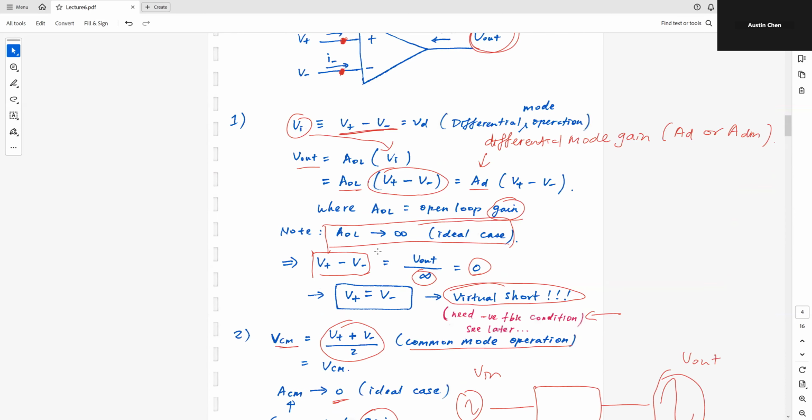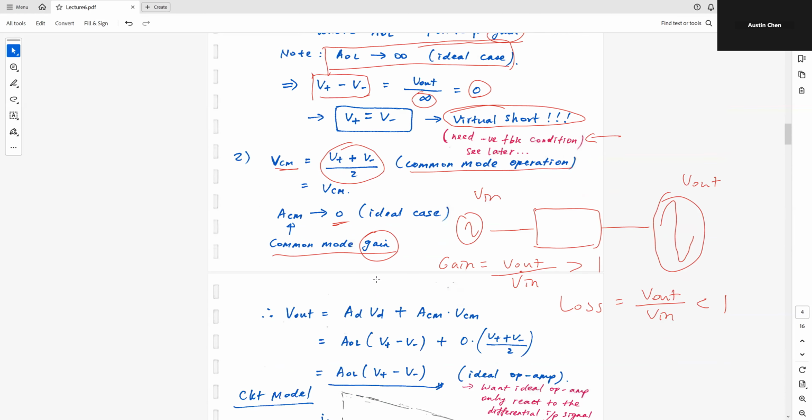Namely, V out is equal to AD times VD. Remember, AD is like my AOL, and VD is like my VI or V in. And ACM is my common mode gain, times VCM, which is my common mode voltage.